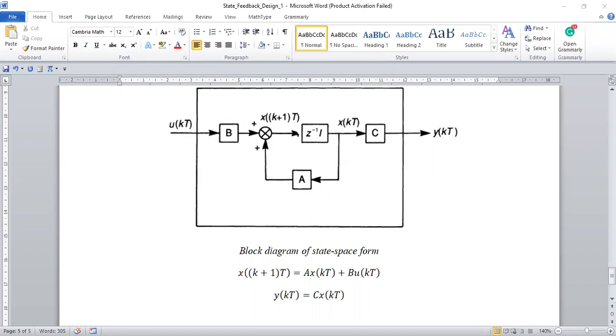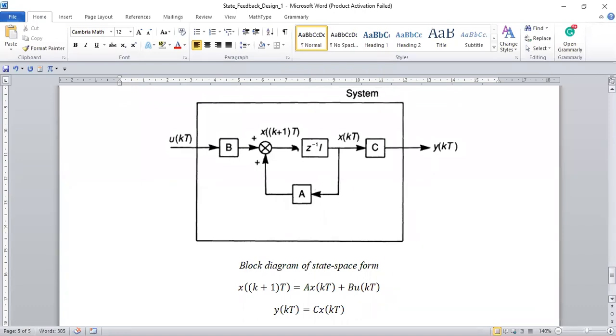Welcome everybody. In this class, we're going to continue from where we stopped last week. In the last class, we talked about state space representation in the discrete time domain, and how to convert from the continuous time domain when you are in the S-plane into state space form in the discrete time domain.